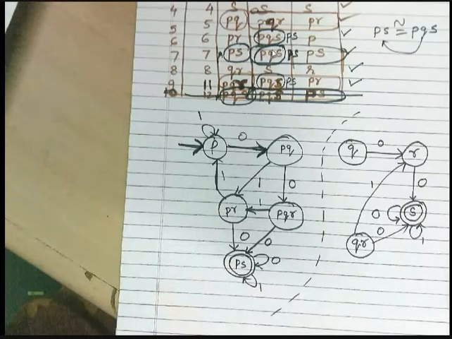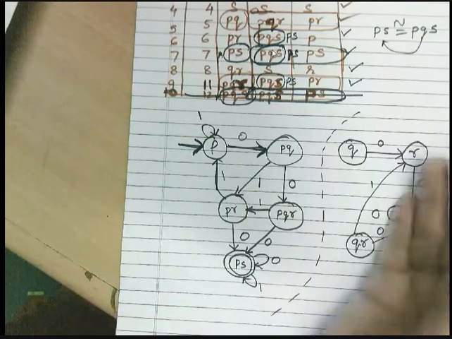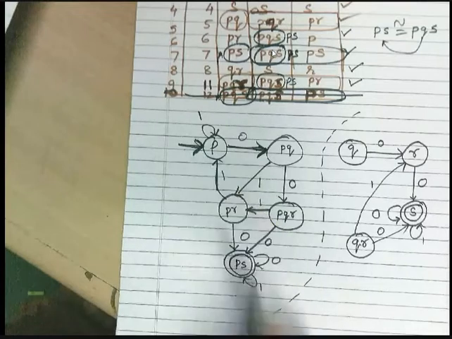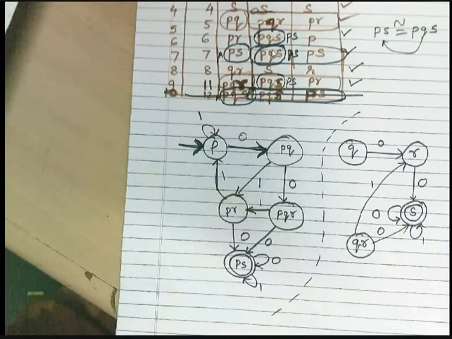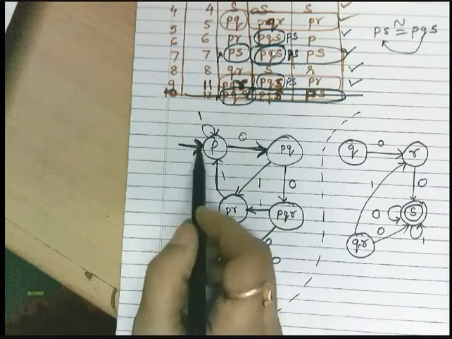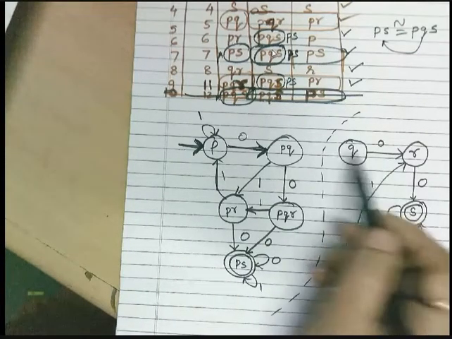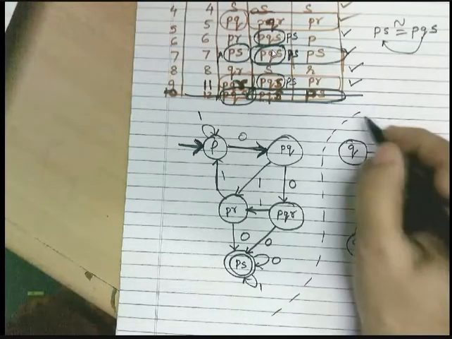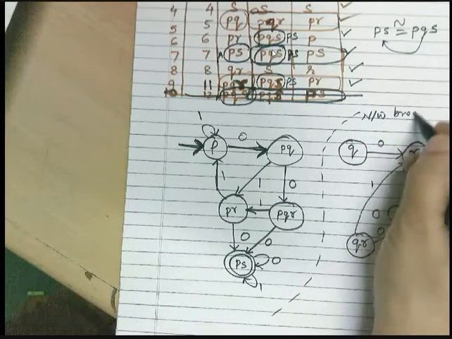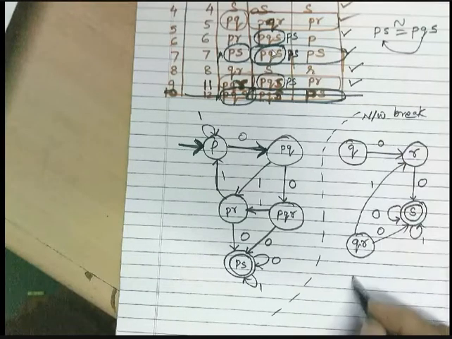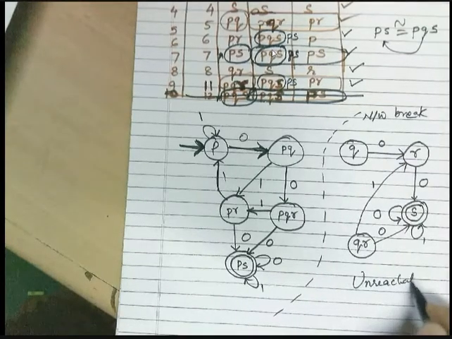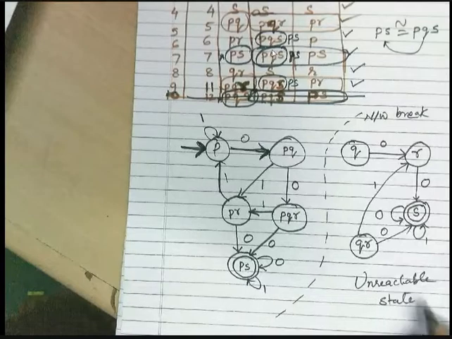That means you cannot go to this state from the initial state, and whenever you are designing or constructing any NFA, DFA, or any finite automata, you should always start from the initial state. But to reach Q, you have no connection. So all these are unreachable states. You will not include them in the final DFA.